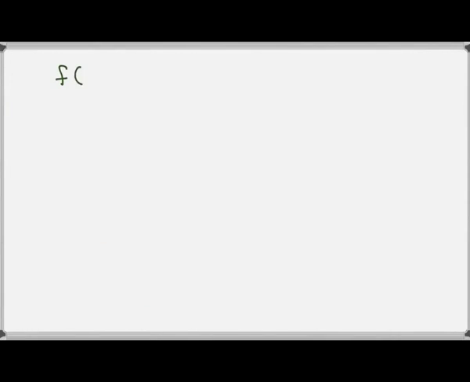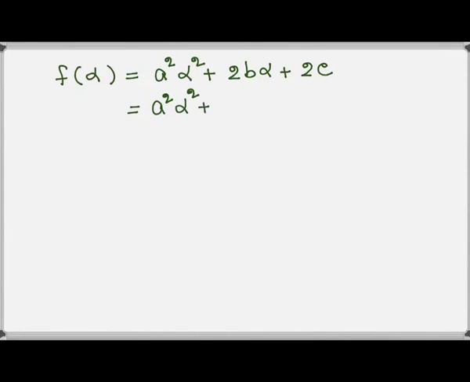F of alpha is equal to a square alpha square plus 2b alpha plus 2c. We can write it as a square alpha square plus b alpha plus c plus b alpha plus c.